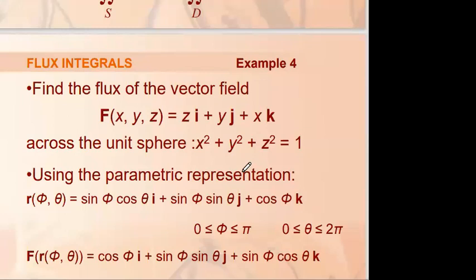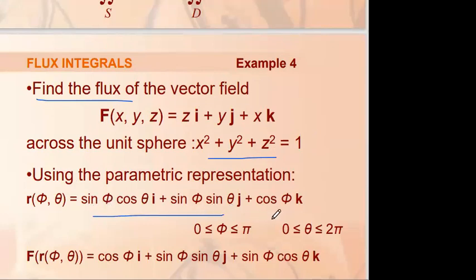Okay, so I will upload this one as well. So here we go. Find the flux of this field across the surface of the unit sphere. Then you can parameterize your surface first.